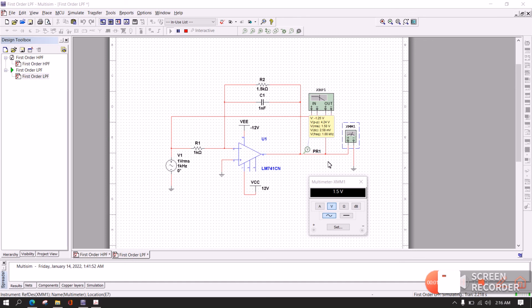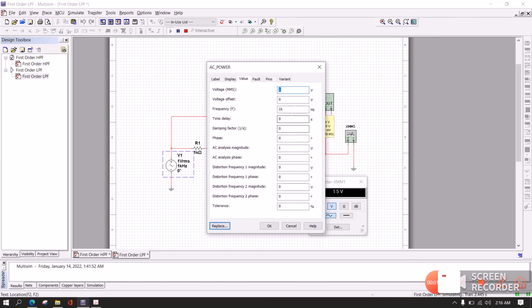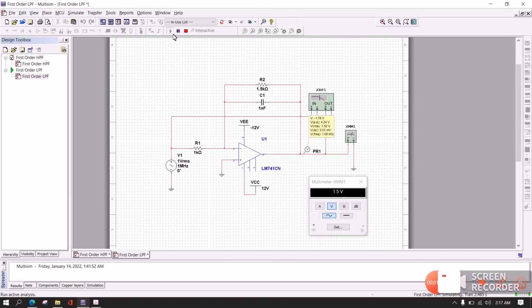When I set the input frequency to 1 MHz, it will become 117.85 millivolt. So, the higher the input frequency, the lower the output voltage will produce.